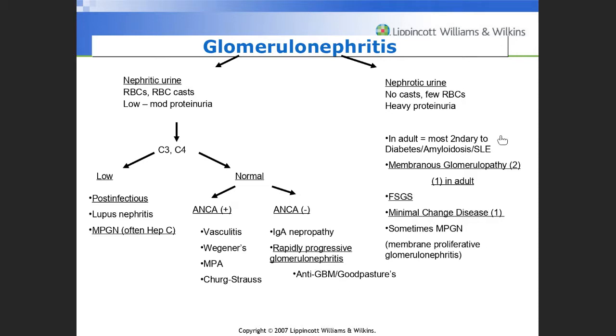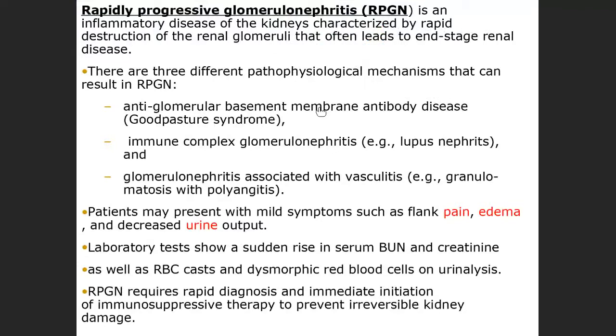So this slide will tell you that in rapidly progressive glomerulonephritis, the take-home message is that it is the crescent shape or arc feature that you often see in histology.